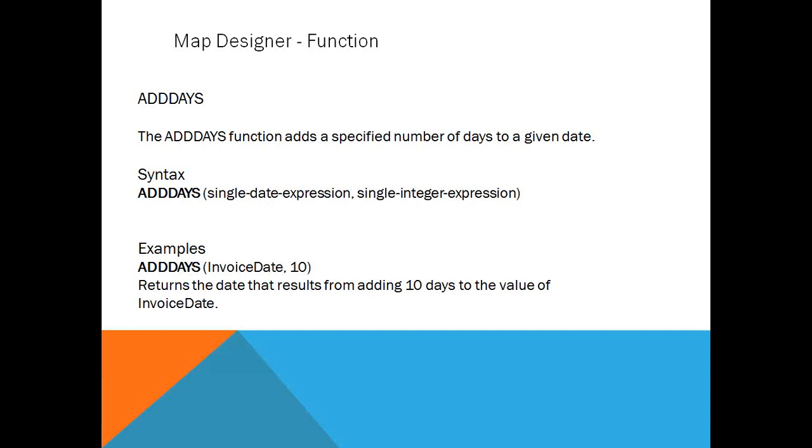It accepts two arguments. The first argument is the date and time item. The second argument is how many days you have to add. You can even add minus 10, so that it will subtract. There is no subtract date function, only add days, but if you add minus 10, it will subtract.